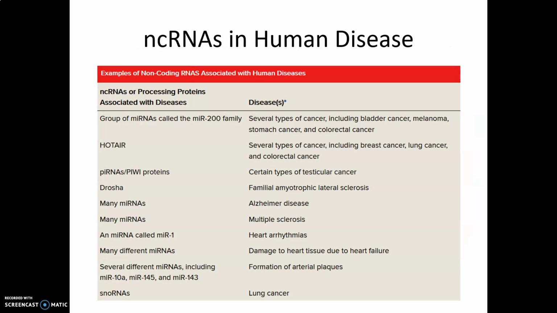So here are some, okay? So this is showing us the non-coding RNAs and the diseases that they are associated with. These diseases range. So there are some microRNAs called the MIR-200 family associated with cancer. So what happens is these genes that code for the RNAs tend to have a role in tumor suppression.